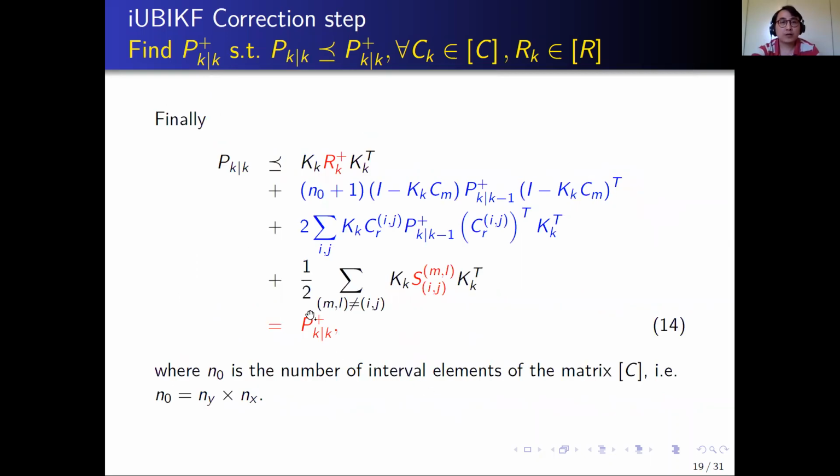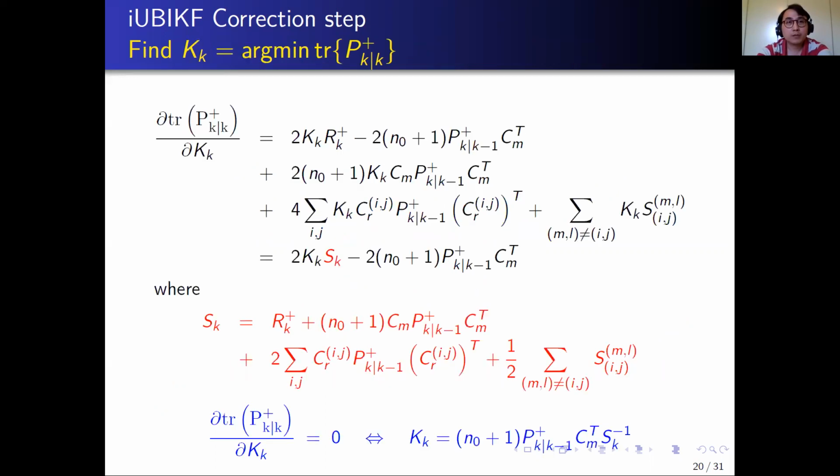And finally, we get the expression of the upper bound P plus KK. In this expression, N0 is the number of interval elements of the matrix C. Again, the gain matrix K is chosen as the minimizer of the trace of P plus KK.